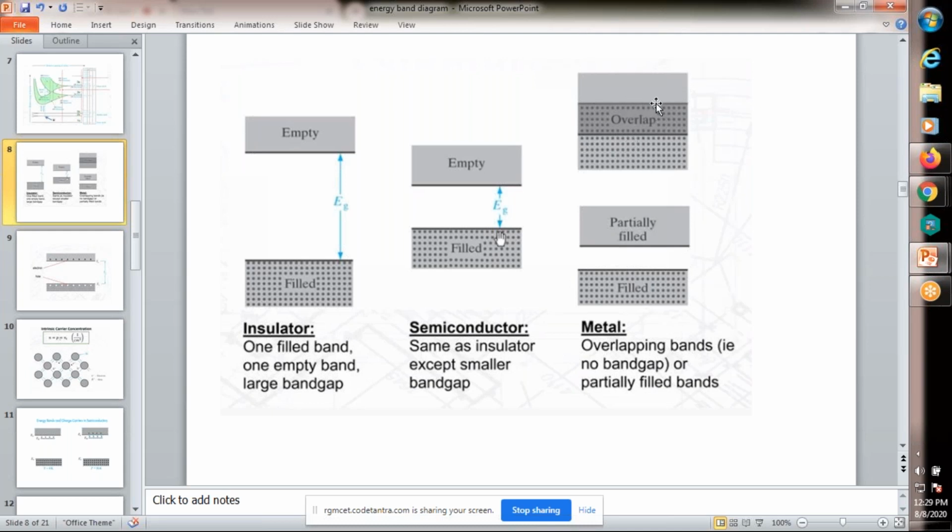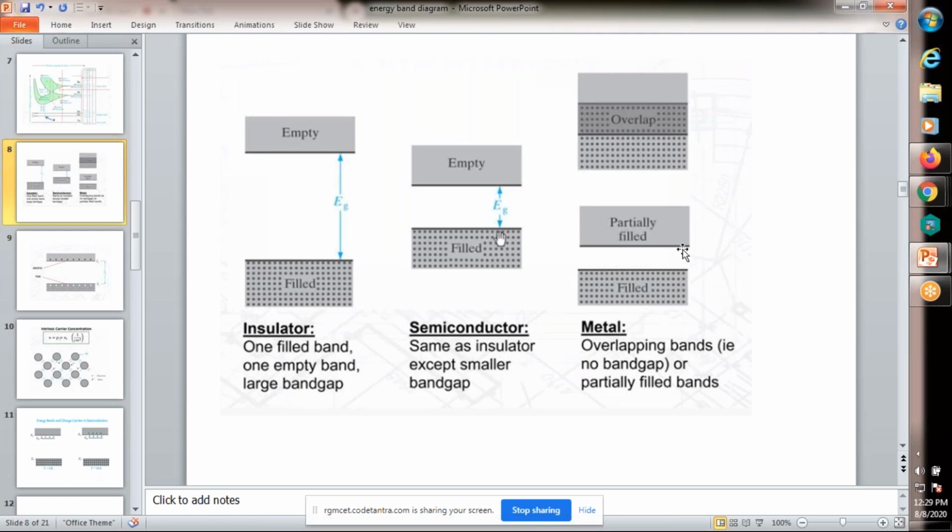They overlap. A huge number of charge carriers are available in both the valency band and the conduction band, and there is no band gap energy. So conductors like silver, or any iron metal, have very high conductivity. Why? Because there is no band gap energy.